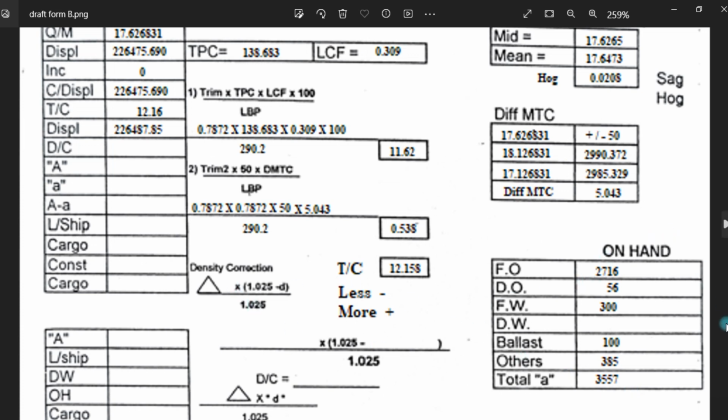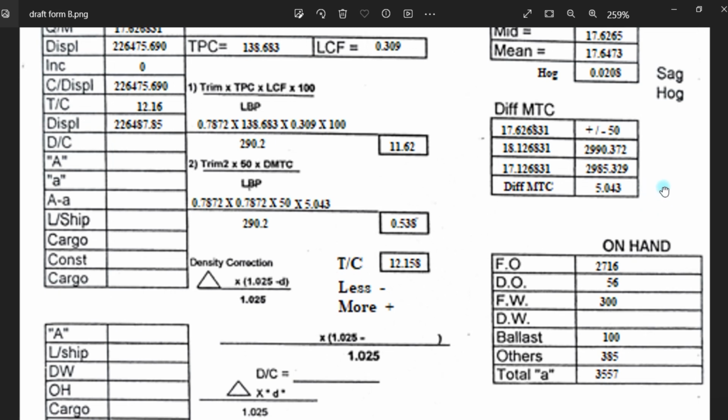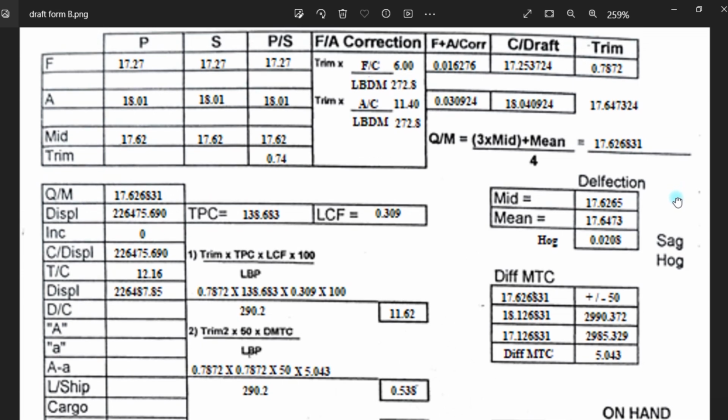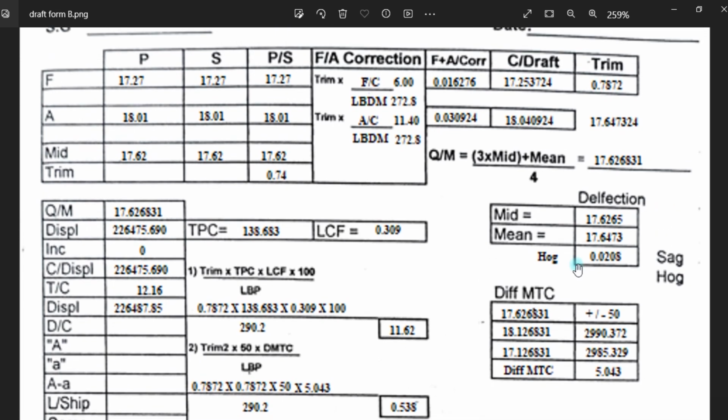So that's it, guys. Brief review. Okay, once we get this quarter mean from this formula, which is 17.6268.6831, you have to get this displacement by interpolation.